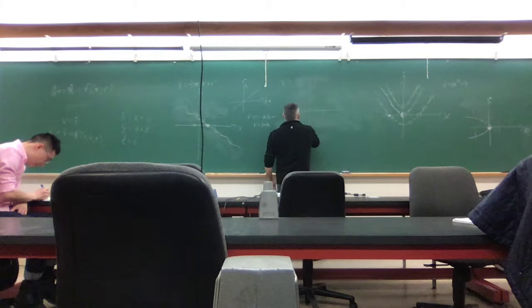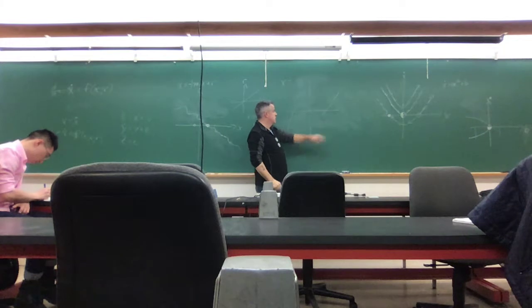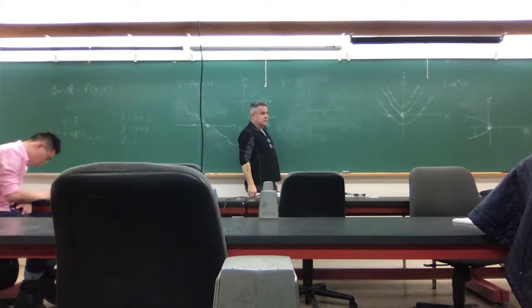What if I have one that looks like this? b equals 0 goes right to the origin. For b greater than 0 goes like this. B less than 0 goes like this.